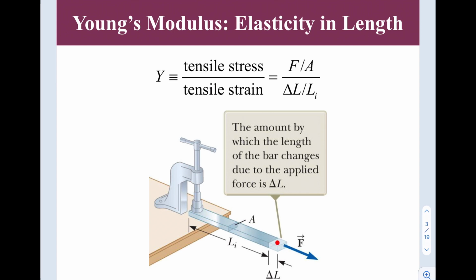Initially, this rod has L initial, and then we apply force to the cross section of this metal beam. Then due to the applied force, there is a delta L. So the strain, the degree of deformation, will be delta L over L initial.